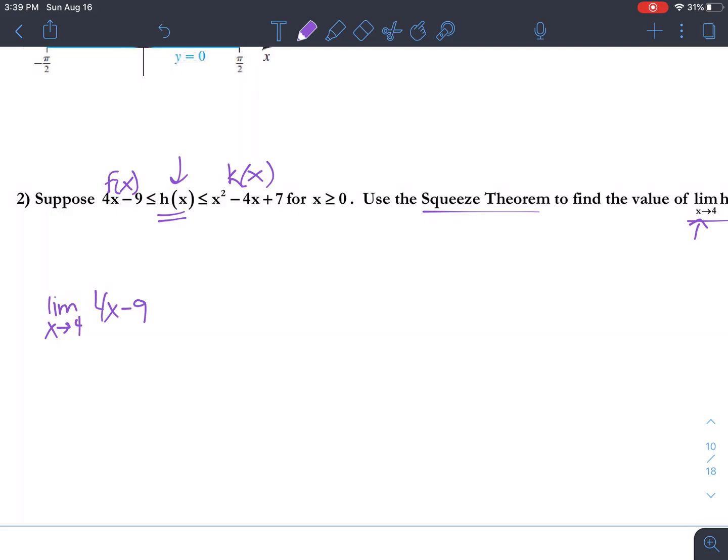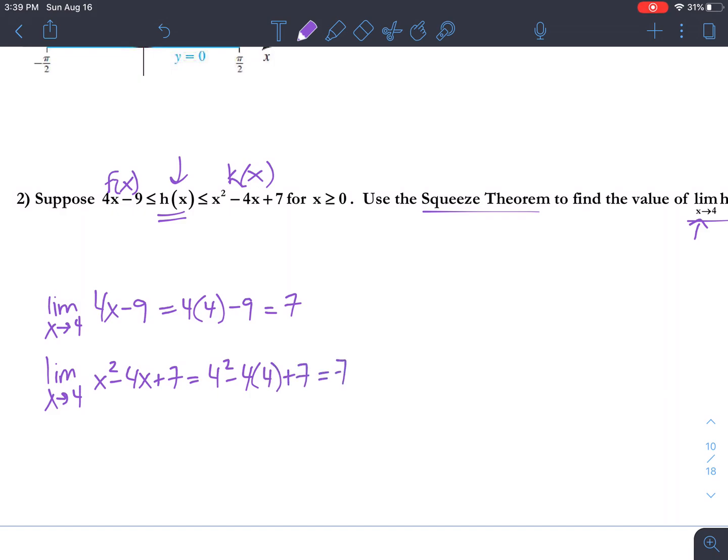Well, 4 times 4 is 16, minus 9 is 7. And then what about the limit as x approaches 4 of x squared minus 4x plus 7? This gives me 4 squared minus 4 times 4 plus 7, which is, again, 7.